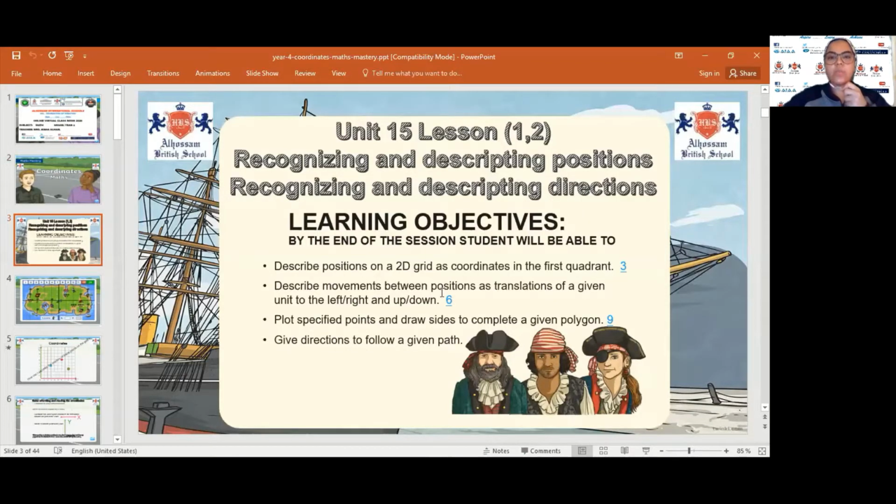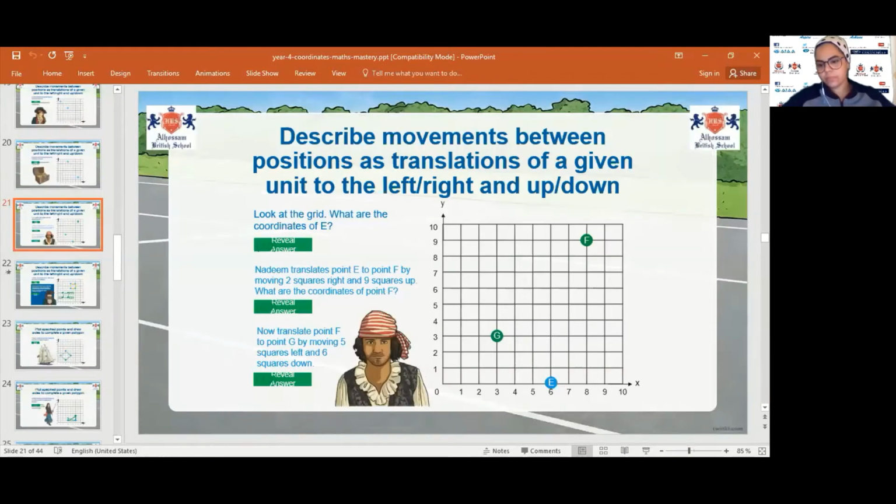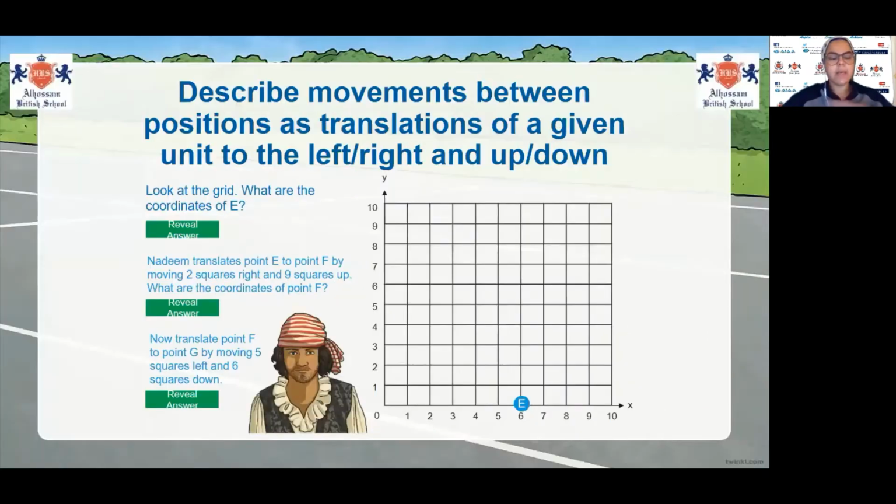If you are going to move on the coordinate grid, what are the directions that you are going to follow? Let's jump to slide 21, and here it wants you to describe the movement between the positions as translation. What does the word translation mean?